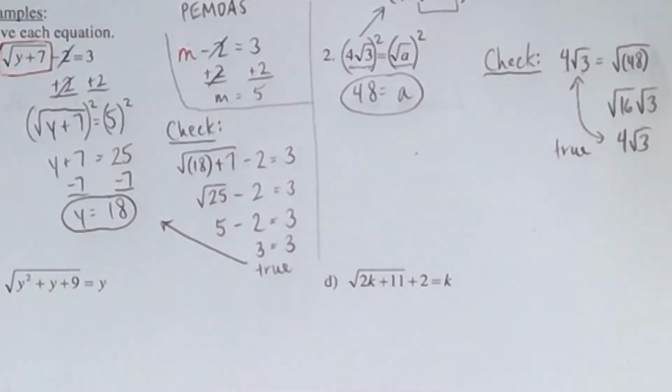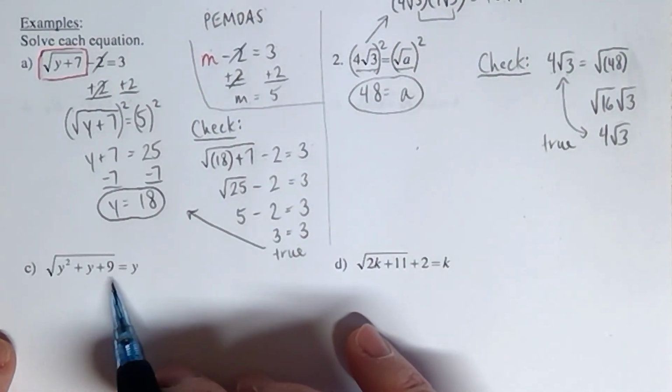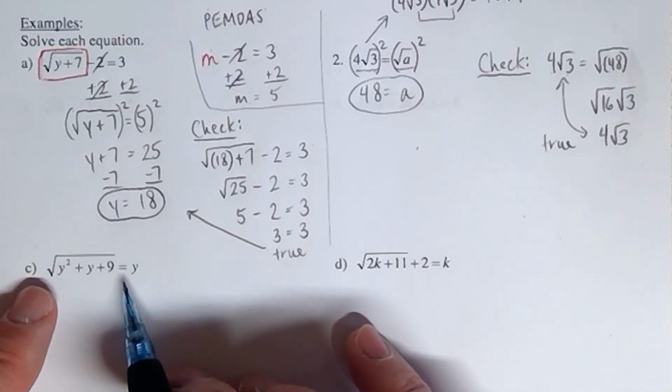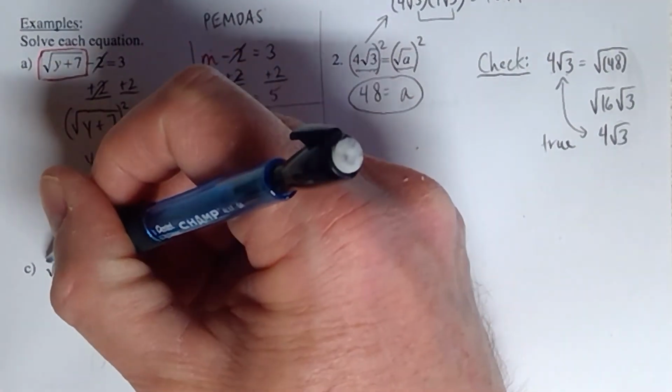Problem C. Again, you can see here in problem C that the radical term that you have is by itself. Notice there's nothing outside of the radical, and so it's definitely by itself.